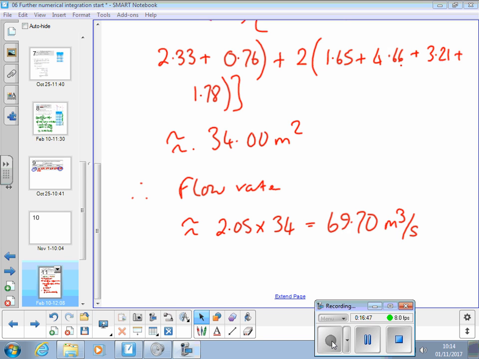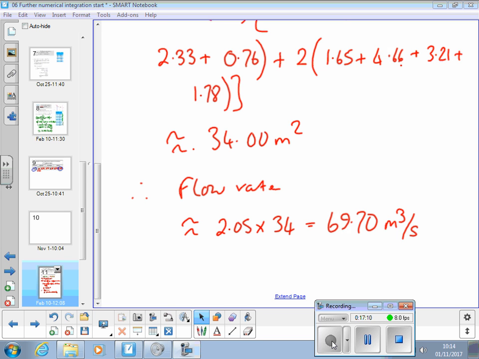Are you all happy? You all understand that we can't say which one is the most accurate result for the river problem, not definitely, because you've only got the data that you've got.